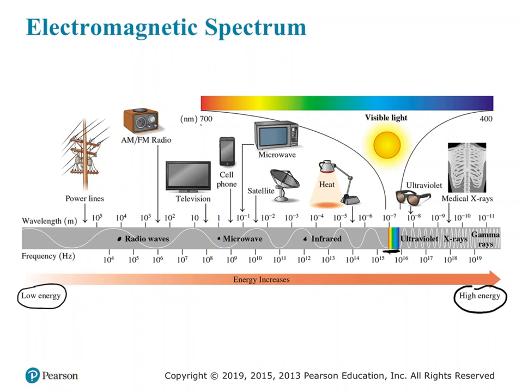Listed below the visible light up above is what's called the wavelength. So that's going to tell us how far apart the peaks of a wave are. On the left-hand side, we have lower energy waves, and that gives us a reddish color.